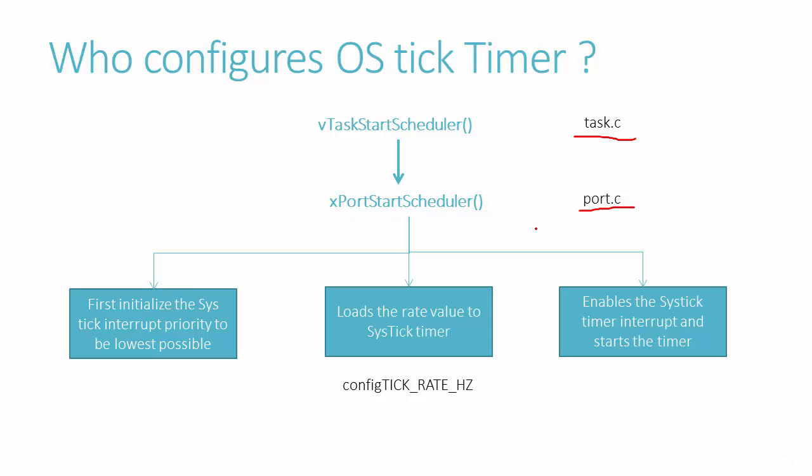In that function, three major things happen. First, it initializes the SysTick interrupt priority to the lowest possible, that is the priority configuration. Then it loads the rate value into the SysTick timer, enables the SysTick timer interrupt, and starts the timer. Now let's get into the source code to understand this.